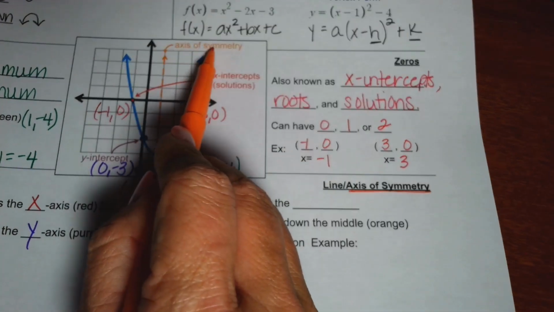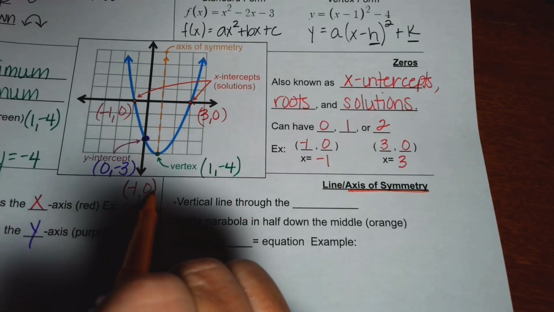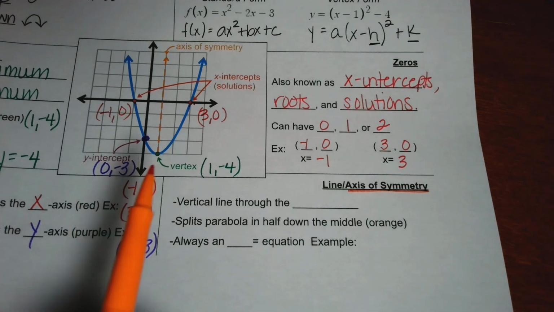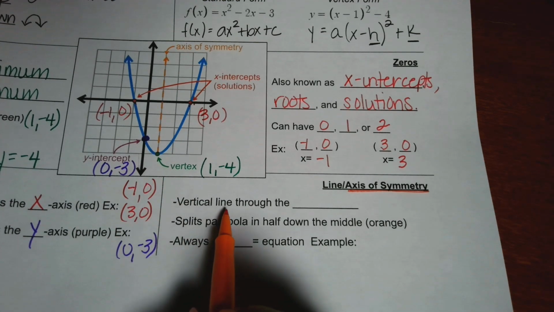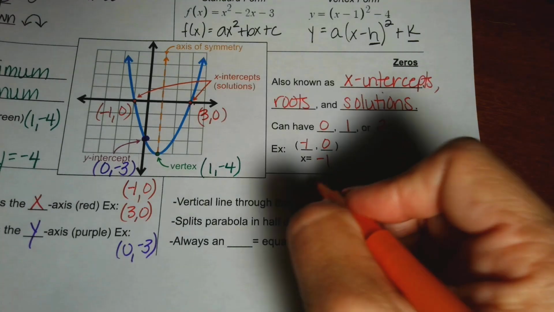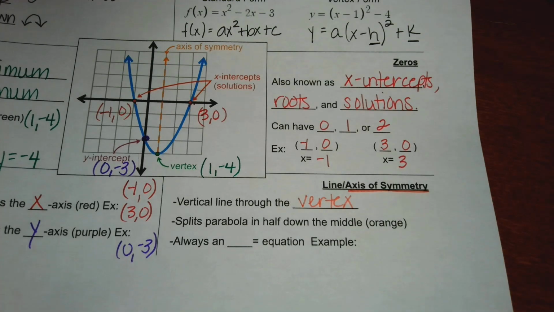So this axis of symmetry, it's imaginary, and it divides the parabola exactly in half, always through that vertex. So it's a vertical line through the vertex, because the vertex is in the middle. It splits the parabola in half down the middle.